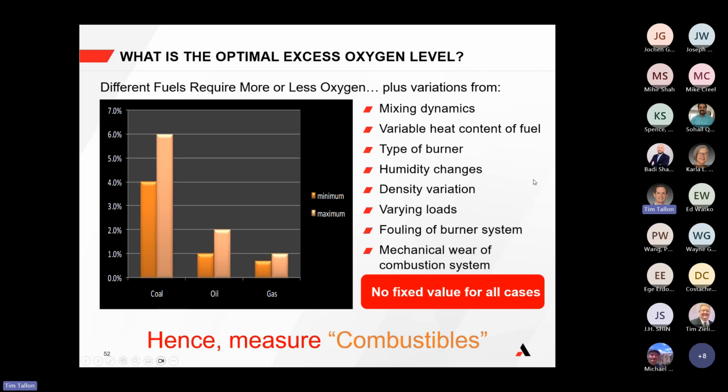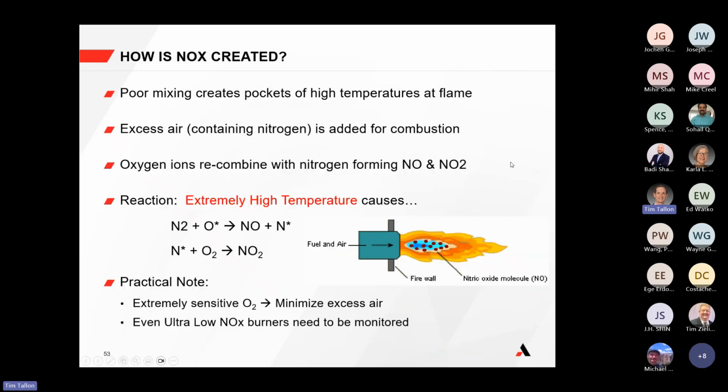Now, one other thing I wanted to mention, I mentioned NOx emissions a couple times. NOx is generated from those hot spots within the flame.